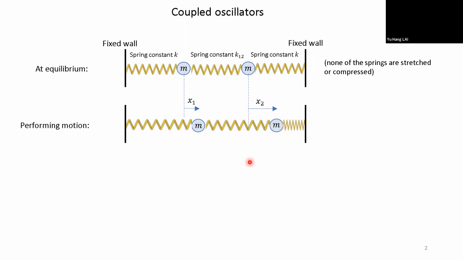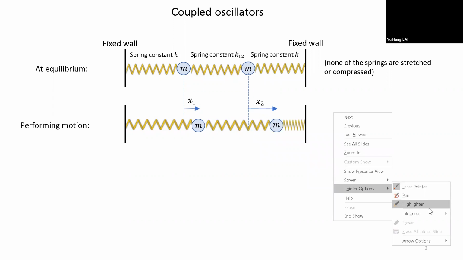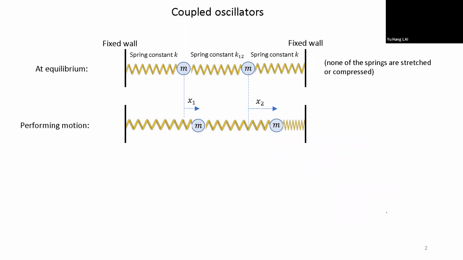Let me try to write down the equation of motion for one of the masses. If I consider the mass on the left, m d²x1/dt² is equal to, first of all, the force from the left spring, which is minus k x1.